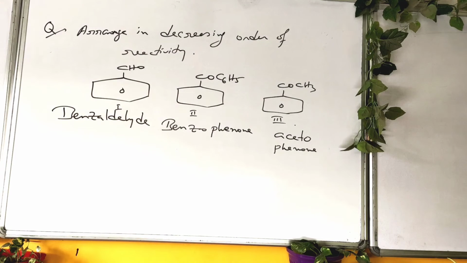So write the name at first. Compound 1 is called benzaldehyde, compound 2 benzophenone, and compound 3 acetophenone.